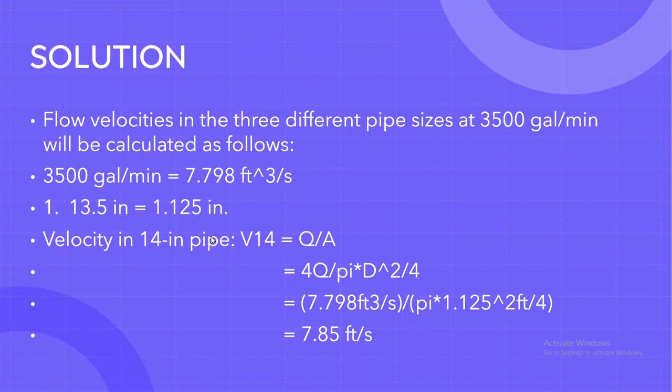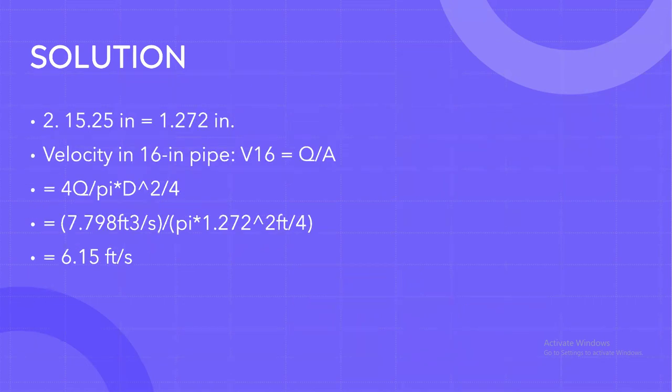Therefore, velocity in the 14-inch pipe is equal to Q over A, which is your volumetric flow rate over cross-sectional area, which is the same as pi r squared or pi D squared over 4. Substituting, remember we converted our volumetric flow rate to 7.798 cubic feet per second, divided by pi times our inside diameter in feet, 1.125 feet, squared, divided by 4. We get a velocity of 7.85 feet per second.